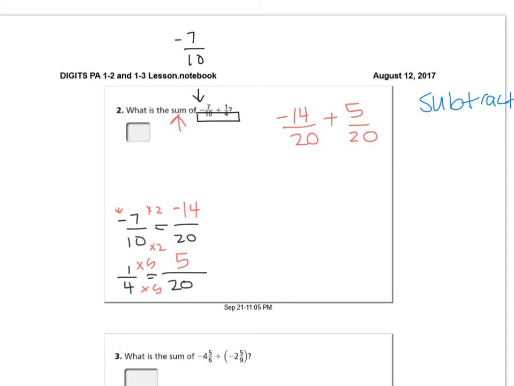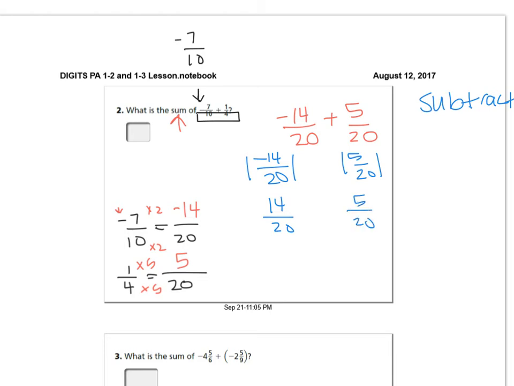So that means I need to subtract my smaller number from my larger number. So my larger absolute value, so if I take the absolute value of -14/20 and the absolute value of my 5/20, I get 14/20, and I get a 5/20.